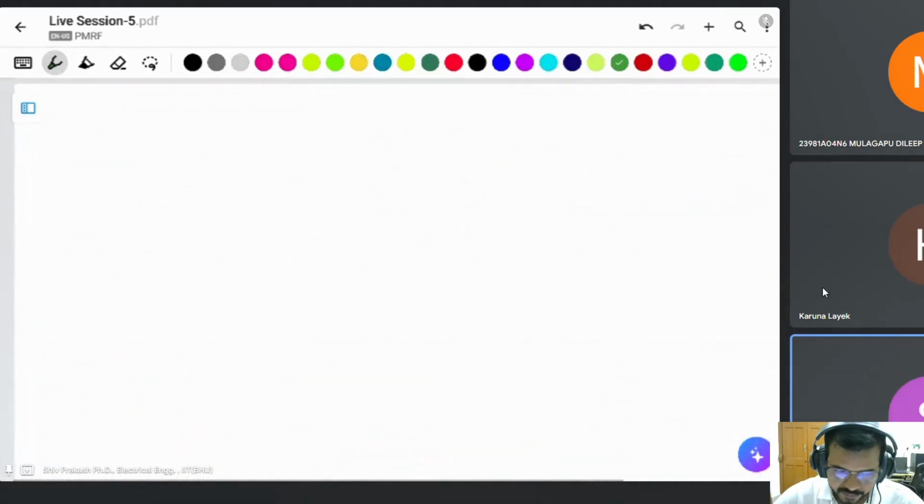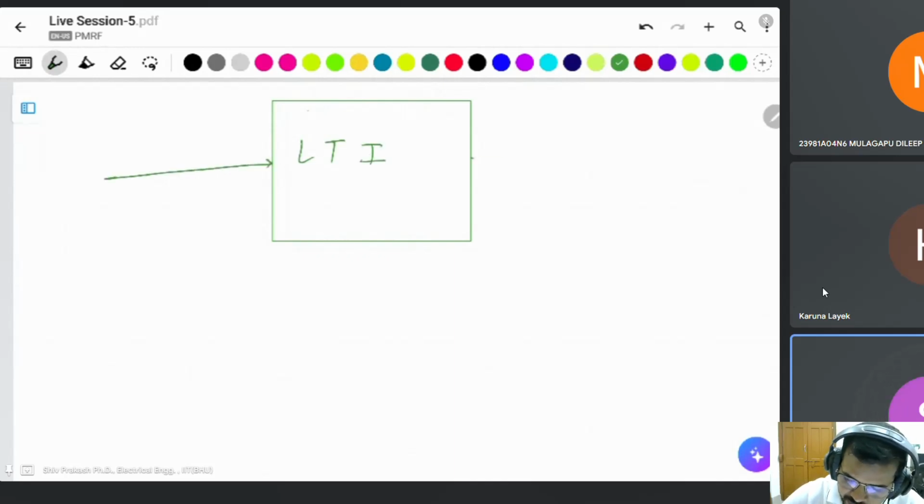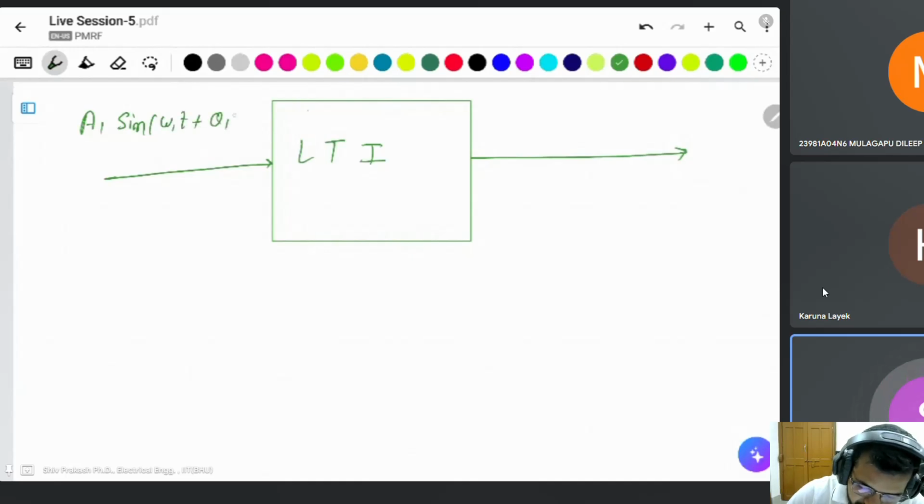The next one, I want to talk about the sinusoidal input to an LTI system. What happens if you have some LTI system and you give some input in sinusoidal form, like A1 sine omega 1 t plus theta 1 and A2 cosine omega 2 t plus theta 2?